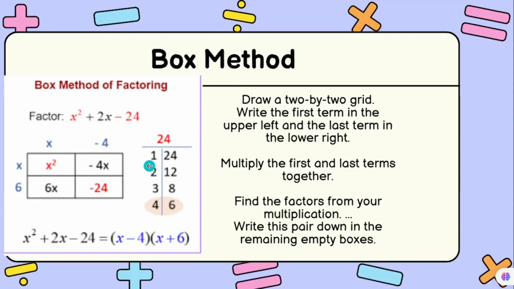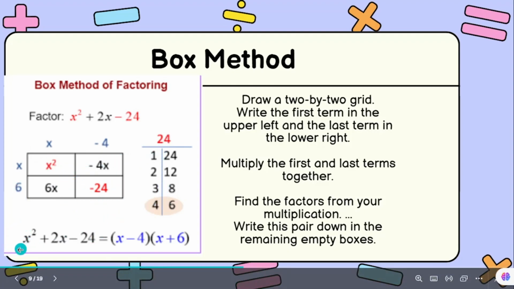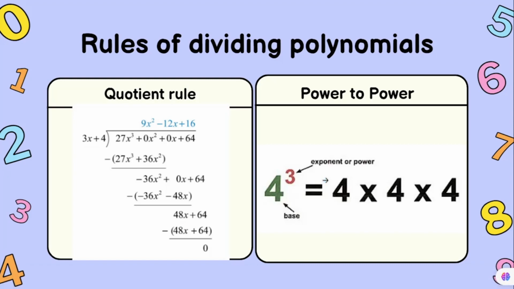So this can be combined to negative 24. So the outcome is going to be x squared plus 2x minus 24 equals x minus 4 parentheses x plus 6.